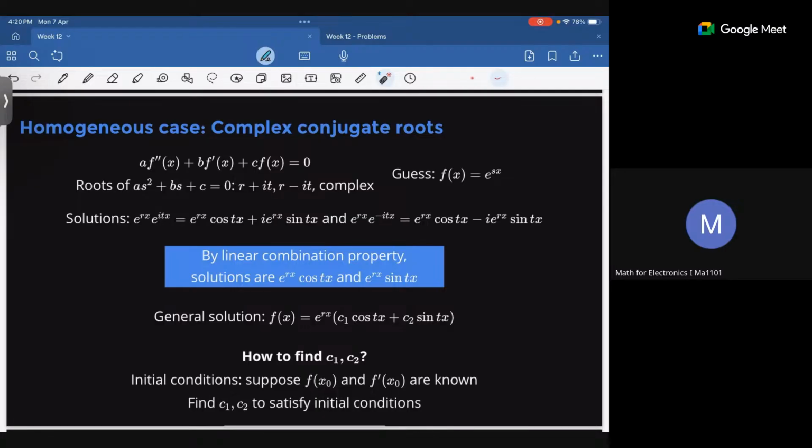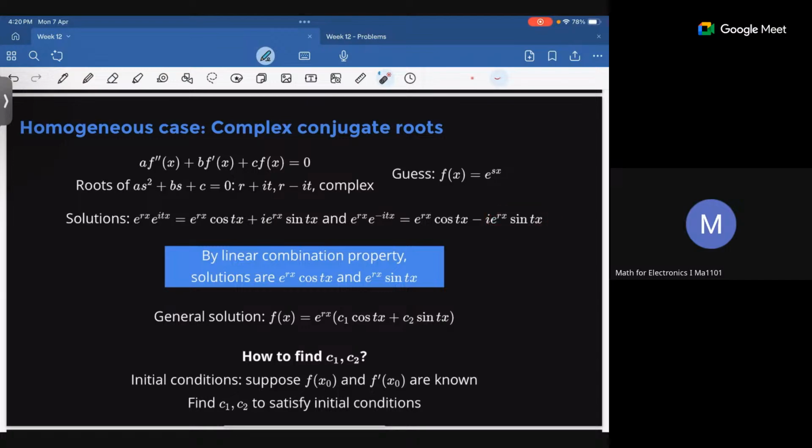So if I do the same thing here, we get e power rx cos tx plus i e power rx sin tx. And the second solution will be e power rx cos tx minus i e power rx sin tx. Both solutions are linear combinations of e power rx cos tx and e power rx sin tx.